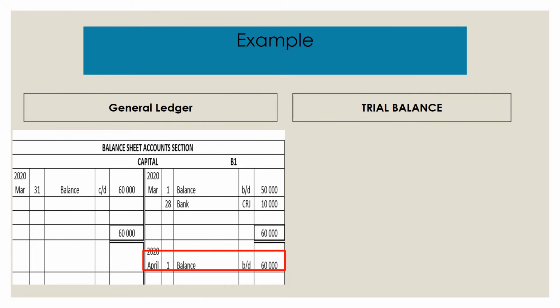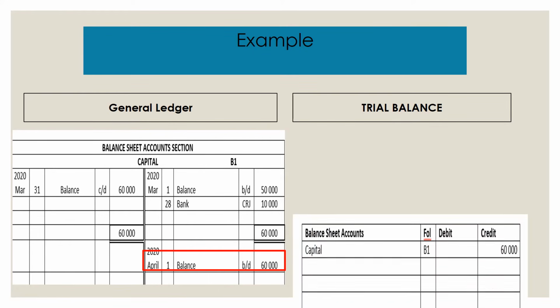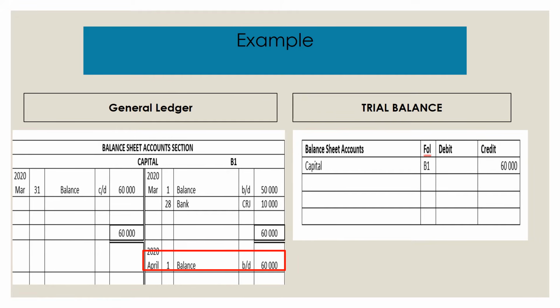That 60,000 brought down at the beginning of the new month is taken to the trial balance under the balance sheet account section, and we write in 60,000 Rand on the credit side. Just like it is on the credit side of the general ledger, it has to be on the credit side of our trial balance.